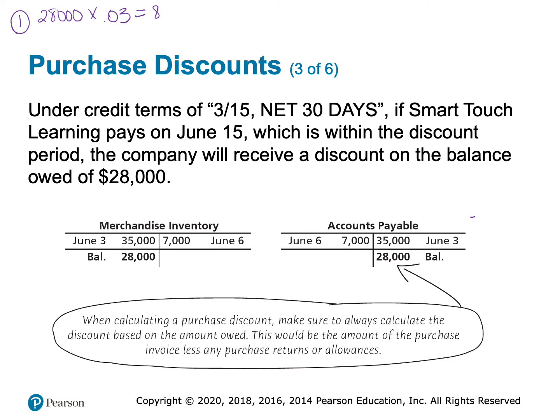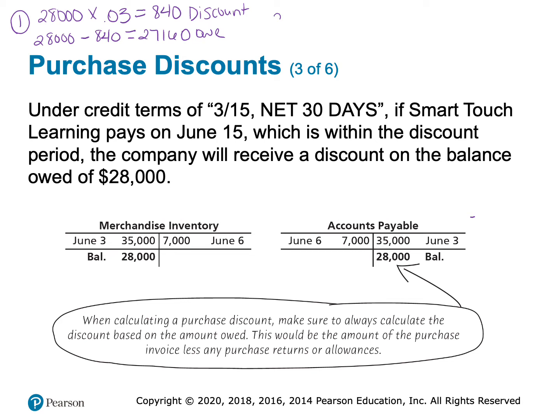And that means I would get a discount of $840. So if I get a discount of $840, that means I would owe $27,160. That's what I would have to pay when I wrote the check, assuming I wrote it by June 15th.